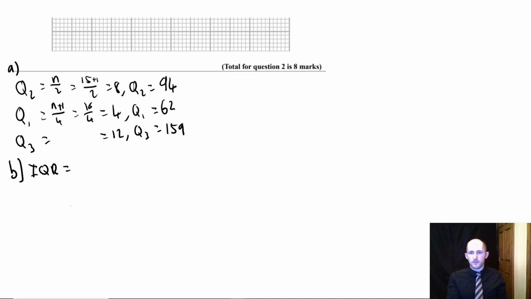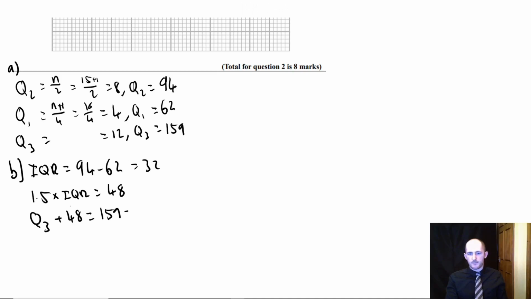Interquartile range is 94 minus 62. And if you want, we can even do 1.5 times the interquartile range and work that out. So that would be 32. That would be 48. So what we're looking for is values that are 48 bigger than the upper quartile. So 159 plus 48.